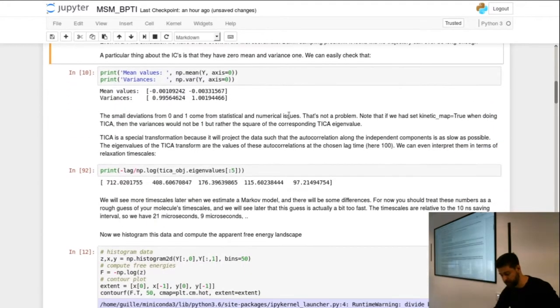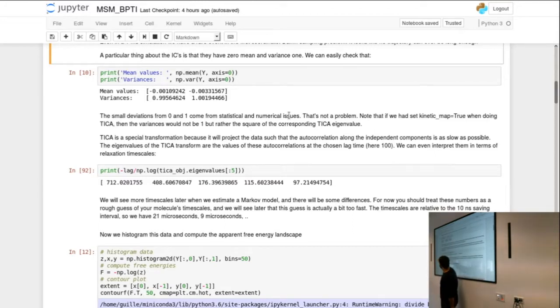So you can put this time unit behind these time scales. These numbers represent frames. These are 712 frames as a time scale for the first TIC, 400 something frames for the second. And now if you want to scale that back to physical units, then you go back to your original trajectory and look at what you strided it with.